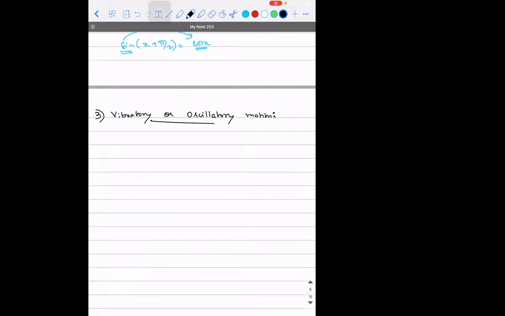The name is suggesting. If there is a to and fro motion taking place about a fixed point, that fixed point has a technical name.